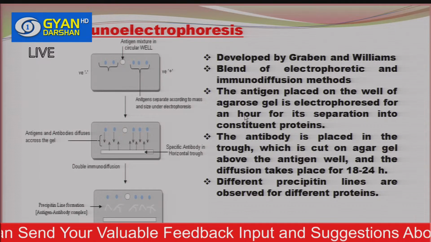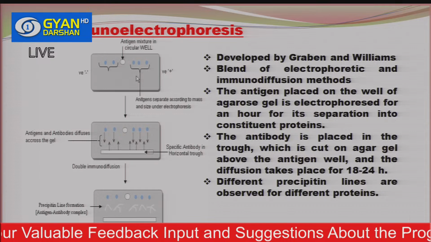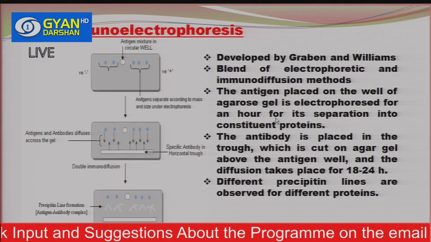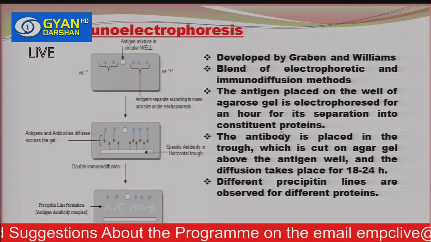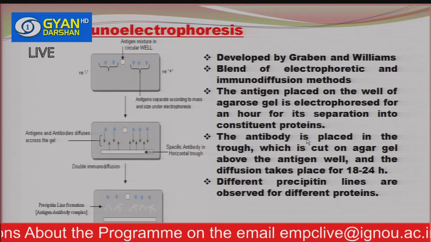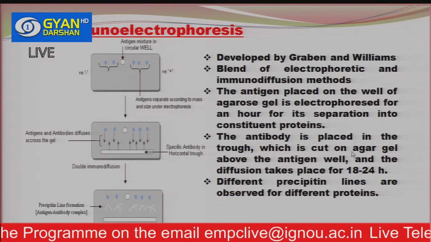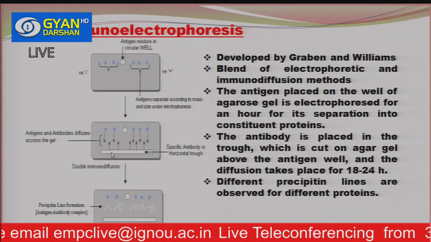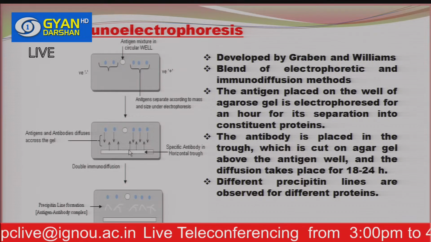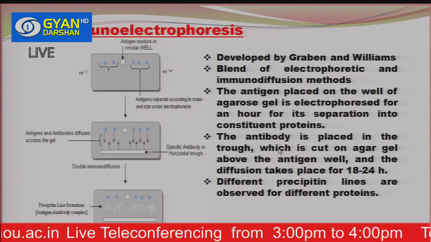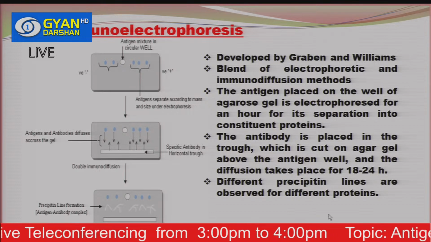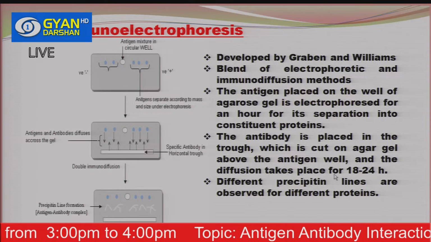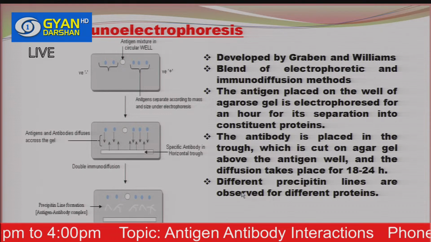Electrophoresis is run for an hour, so the antigens are electrophoresed for separation into constituent proteins. The antibodies are then added and placed into the trough. Here is the trough. We put the antibodies, cut into the agar gel alongside the antigen wells, and diffusion takes place for 18 to 24 hours.